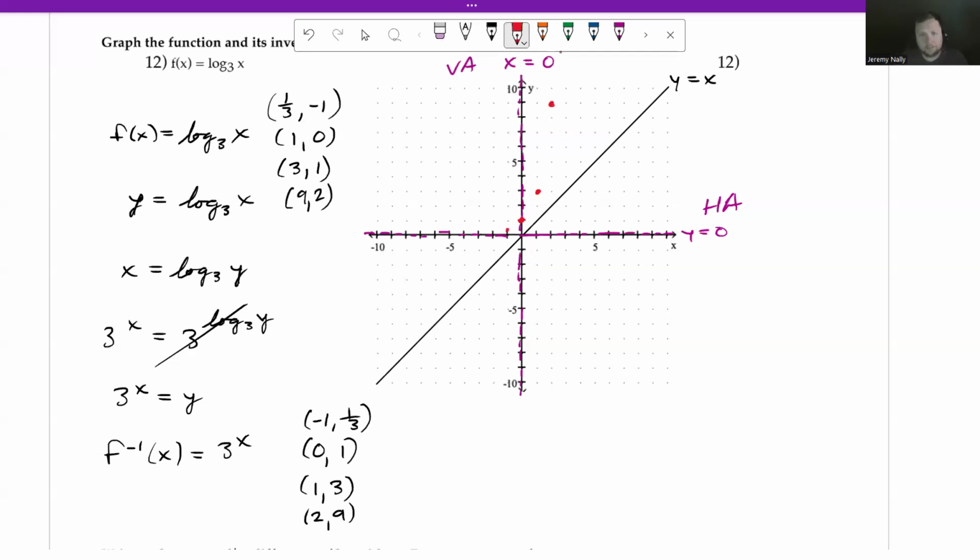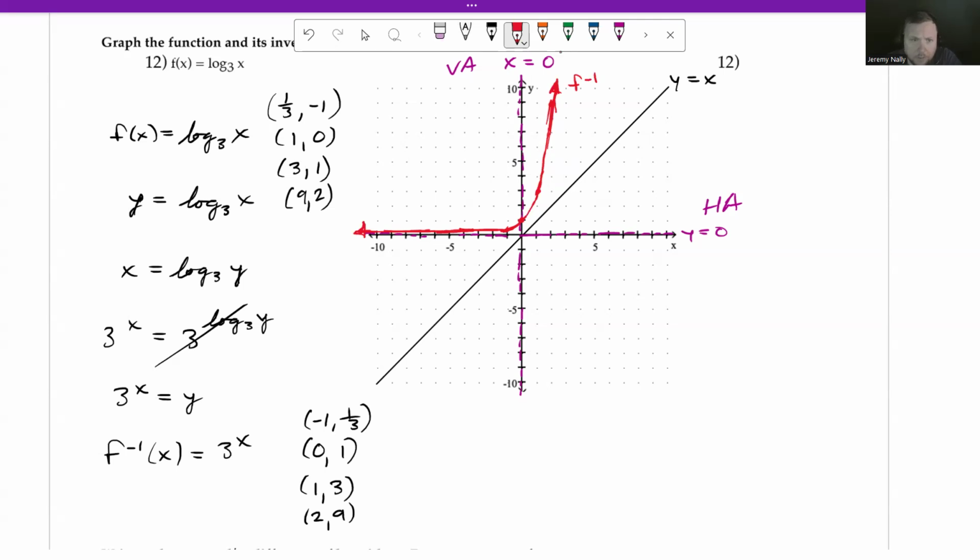So 2, 9. Okay, so that's my inverse function.